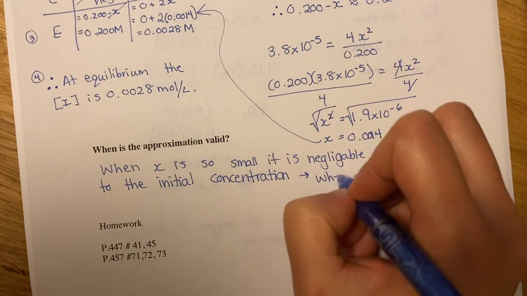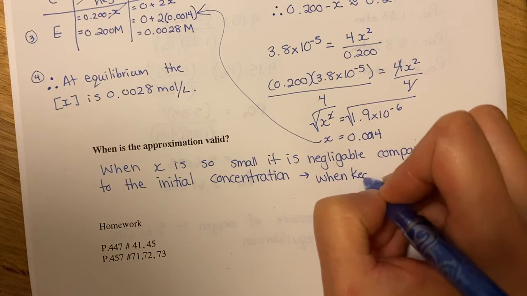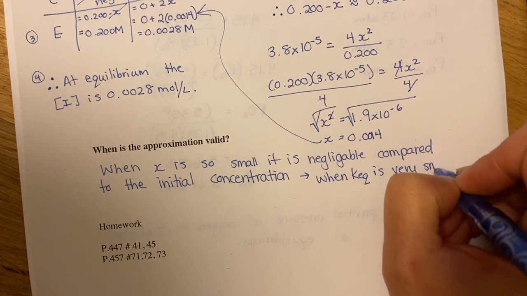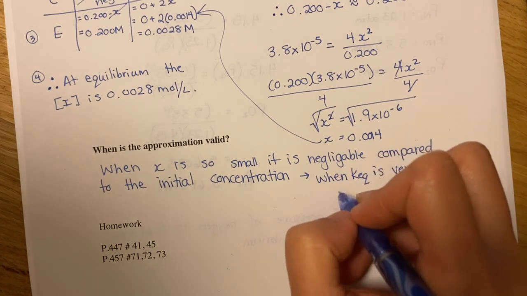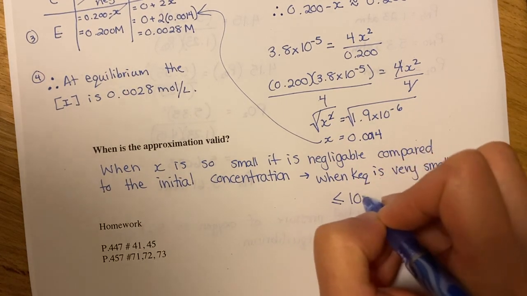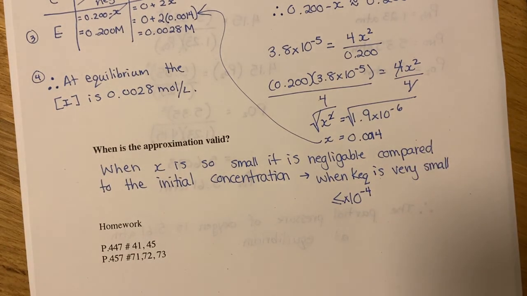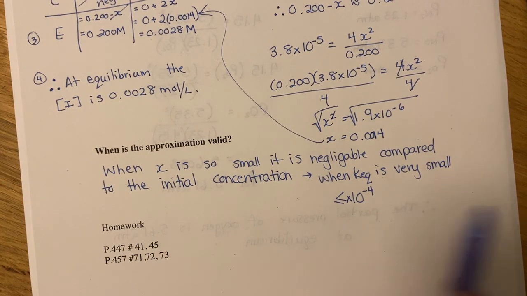So when we get to do this, when KEQ is very small, less than or equal to the magnitude of times 10 to the power of negative 4, or smaller, which would be this number getting more negative.